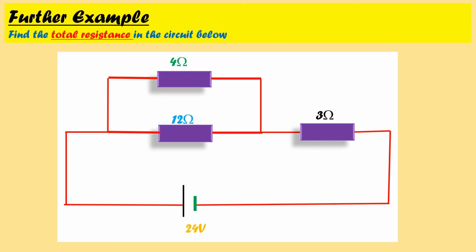We look at this circuit. The current produced by this battery, let us call it I, at this junction that we are calling junction A, splits into I1 and I2. I2 is the one that flows through the 12 ohm resistor, and then at this junction, which we are calling junction B, it reunites with the current I1 which flows through the 4 ohm resistor.